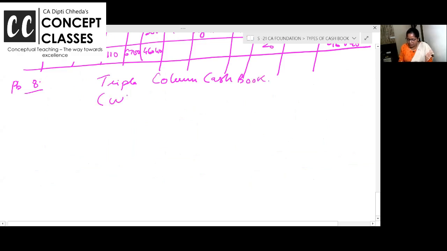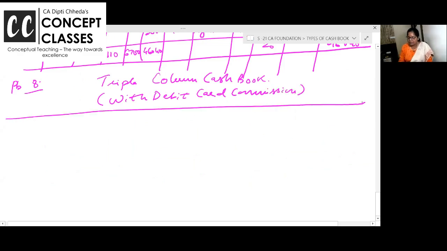Triple column cash book with debit card commission. How do you record the commission entry? I will say.